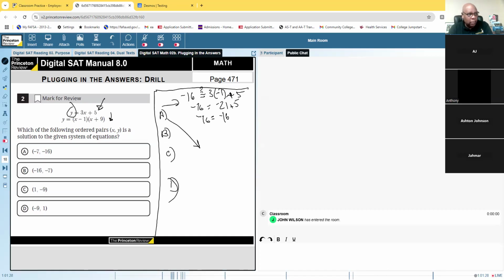All right, okay, so now we go to the second one, and we get y, which is minus 16. Does that equal, well, minus 7 minus 1, because minus 7 is x, times minus 7 plus 9, which is, does minus 16 equal minus 8 times 2, minus 16?